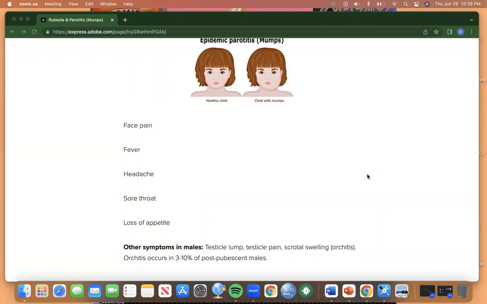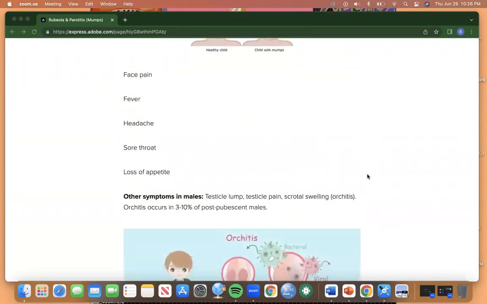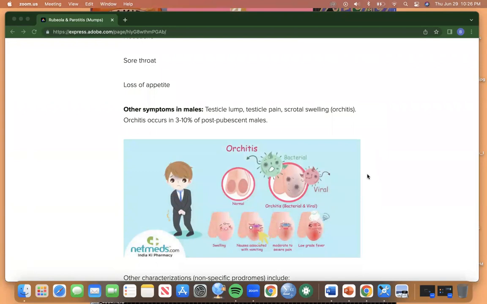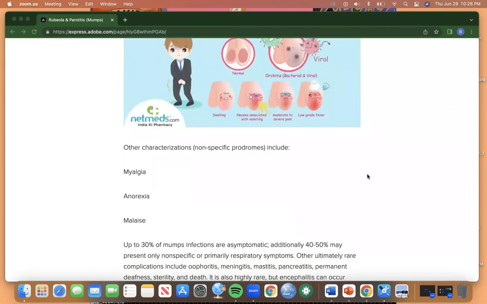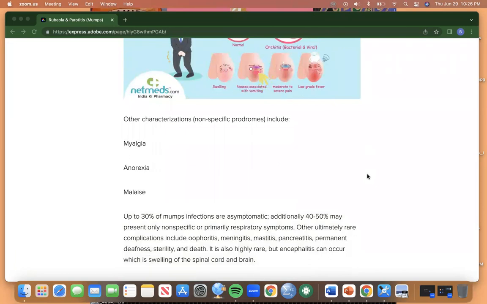Now, other symptoms that are only found within males would be testicle lump, testicle pain, scrotal swelling, which is known as orchitis, and orchitis occurs in 3 to 10% of post-pubescent males. So this diagram right here is an example of orchitis. Other characterizations include myalgia, anorexia, malaise, and up to 30% of mumps infections are asymptomatic.